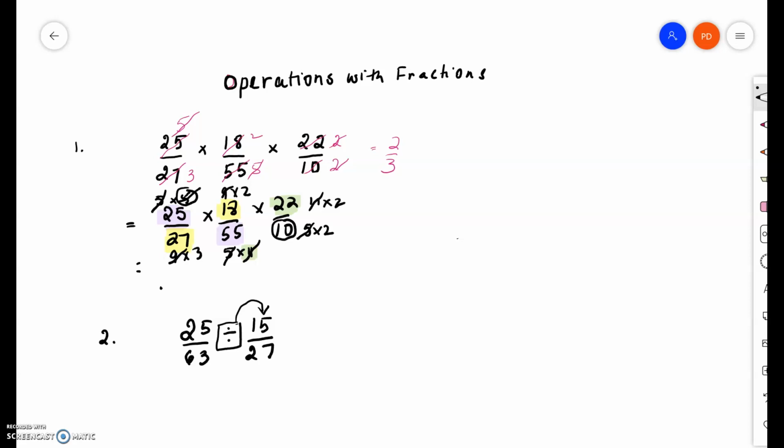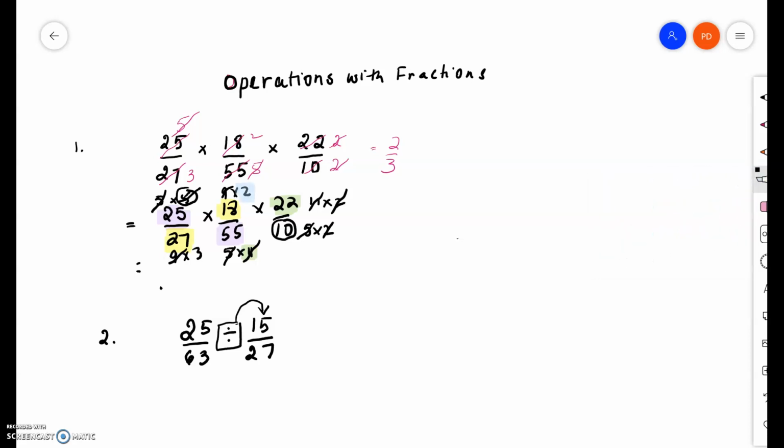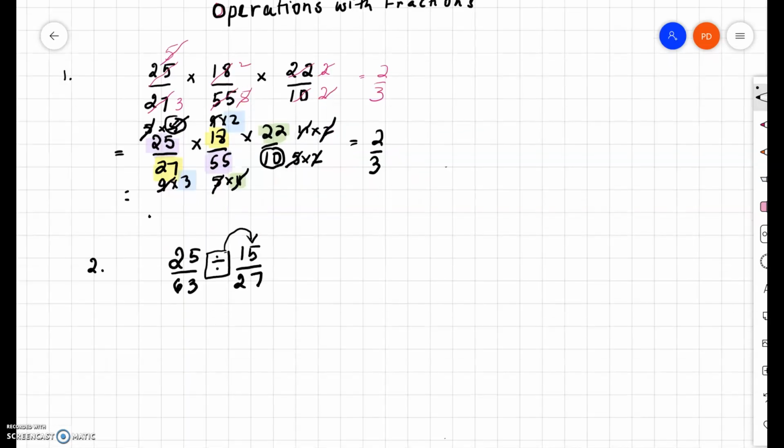And let's examine the terms that are left over. There's a 2 in the denominator and a 2 in the numerator that gets cancelled. The only leftover terms are 2 and a 3. So that's how we're left with a 2 over 3.